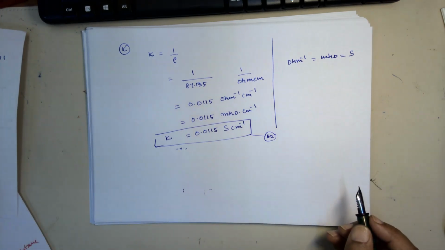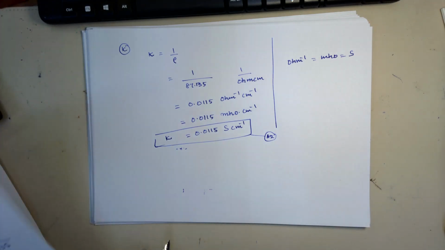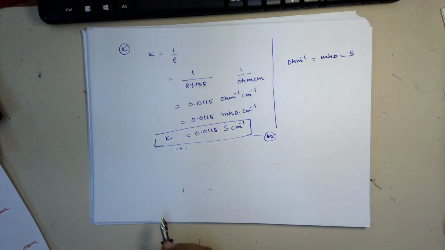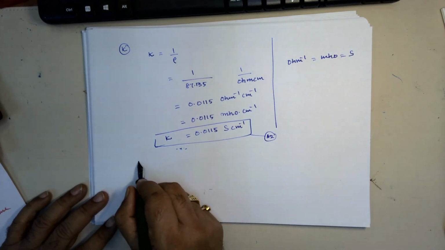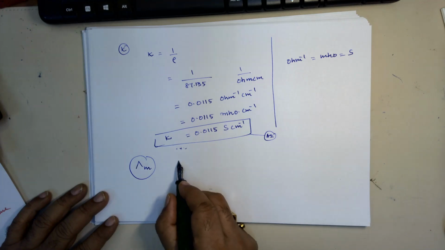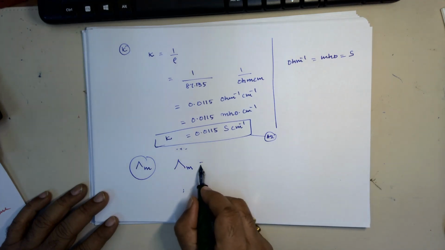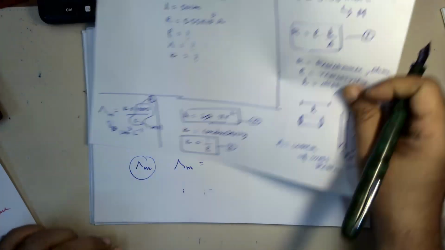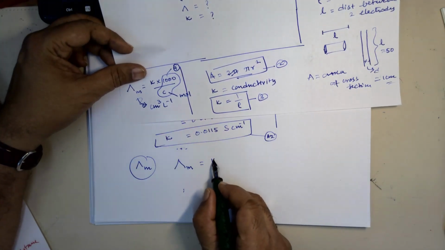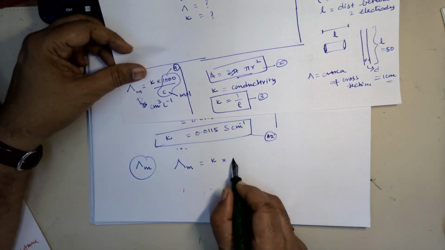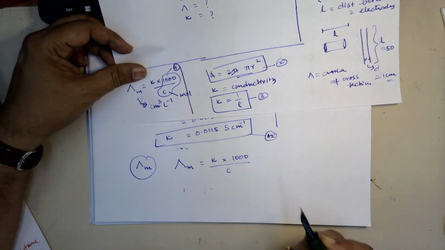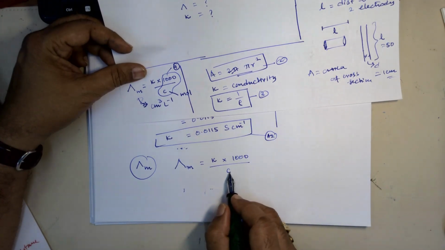Third, what is the third one? Molar conductivity, that is represented as lambda m. So what is the formula for lambda m? You already given. Lambda m is equal to, you have to be very careful here, kappa into 1000 divided by C. So here you have to represent the mole.